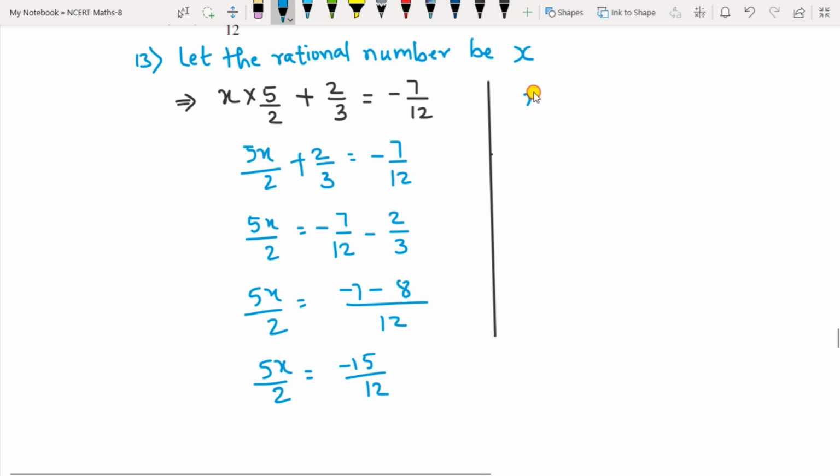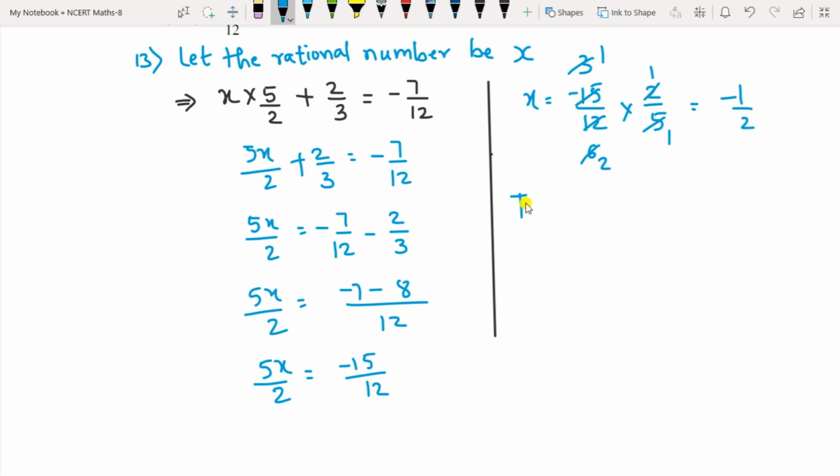So value of x will be minus 15 by 12, and this 5 by 2 will move to the other side, so it will become inverse 2 by 5. Now do the cancellation. 2 ones are 2, 6 are 5 ones are 5, 3s are, and 3 ones are 3 2s are.